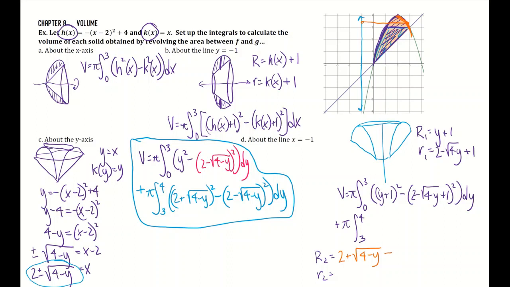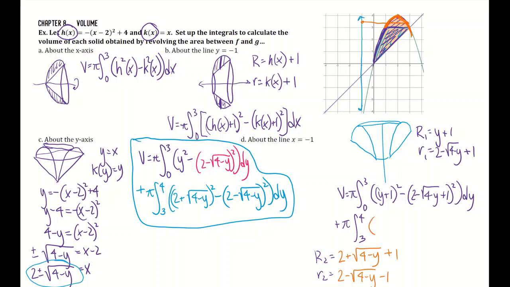And we are subtracting -1. And then your inner radius is going to be the negative side of the parabola, or the negative side of your square root, minus the axis of rotation, so 2 minus root 4 minus y, minus -1.